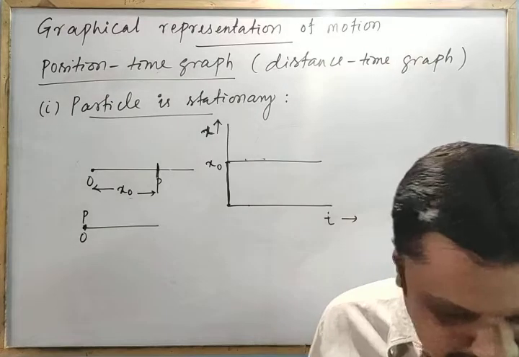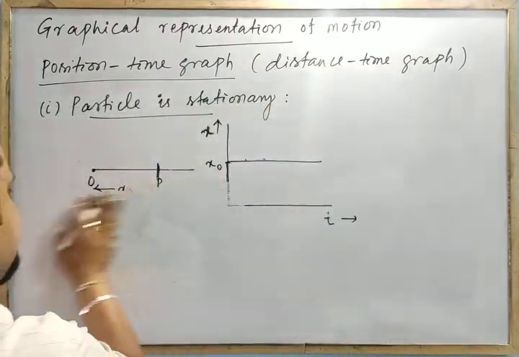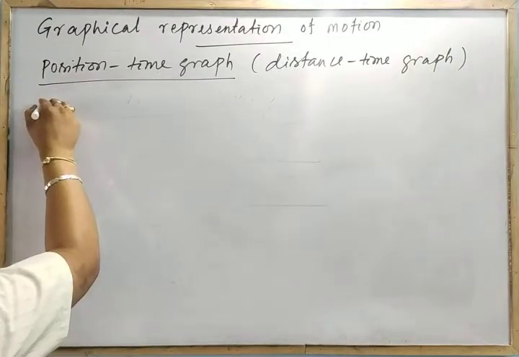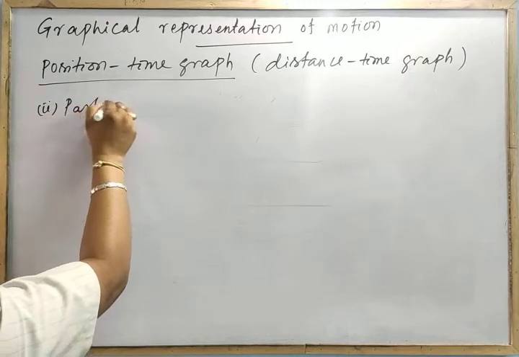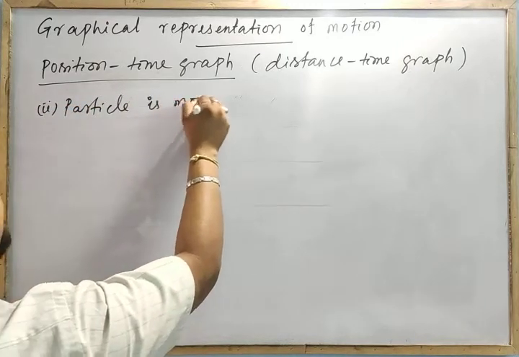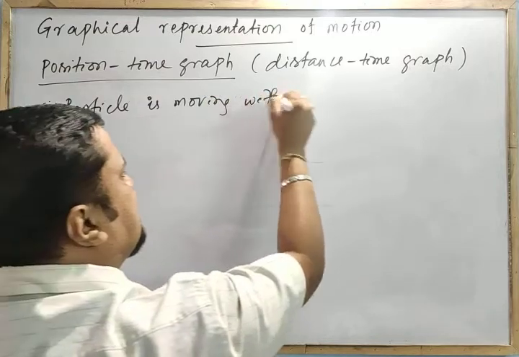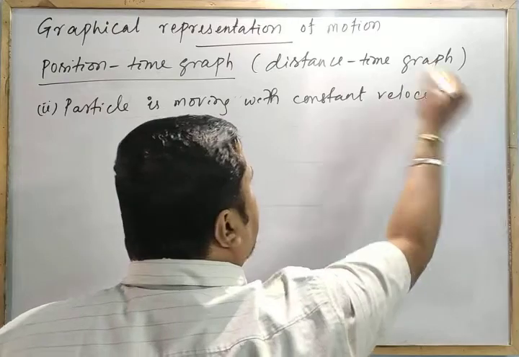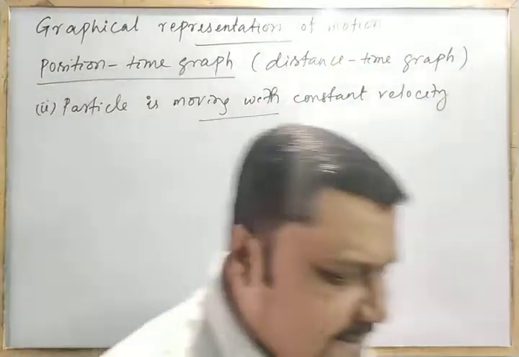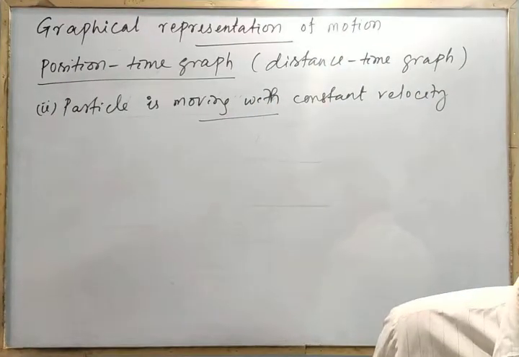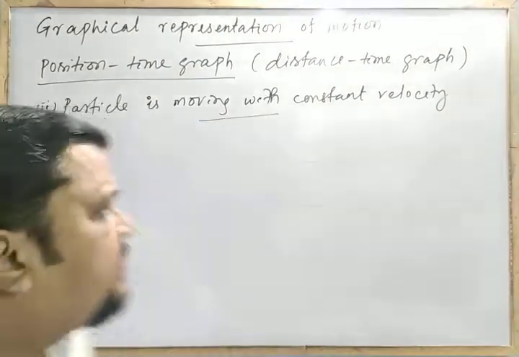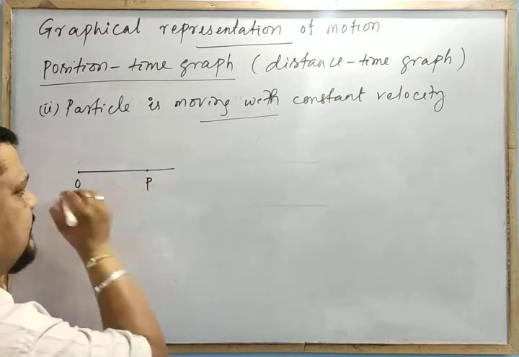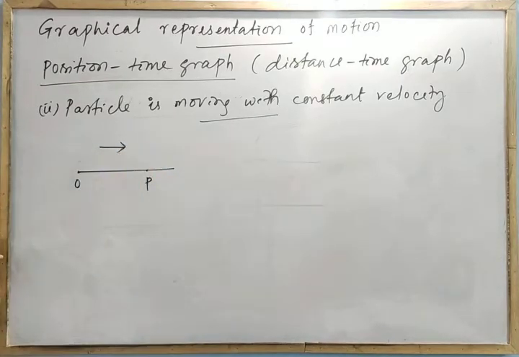Now we will go for the second one. The particle is moving with constant velocity, from O to P. Let you be at the point O, and the particle is moving towards the right.